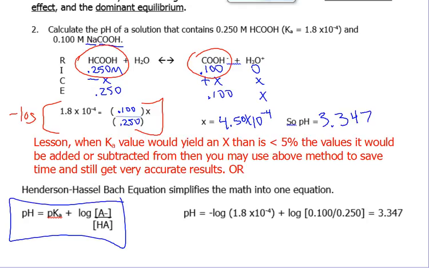It's pOH equals pKb plus the log of HB over B, meaning hydroxide and then the acid it makes, because you'd put the base in and then it would make a conjugate acid. So it's pretty much the same, but everything's been reversed.